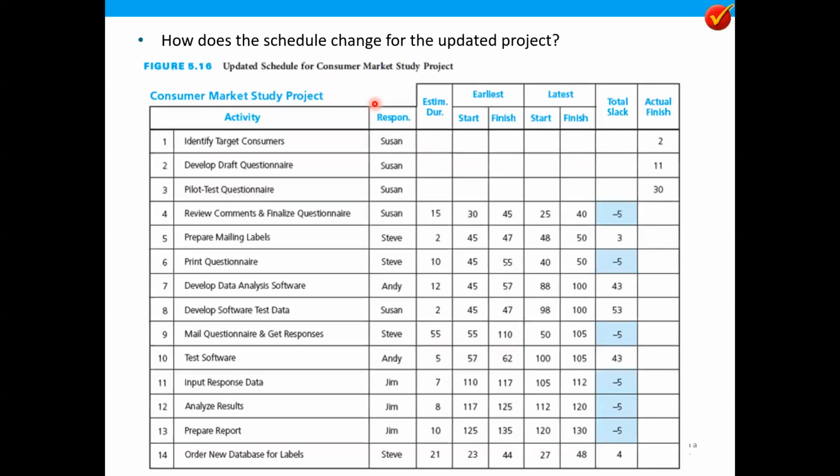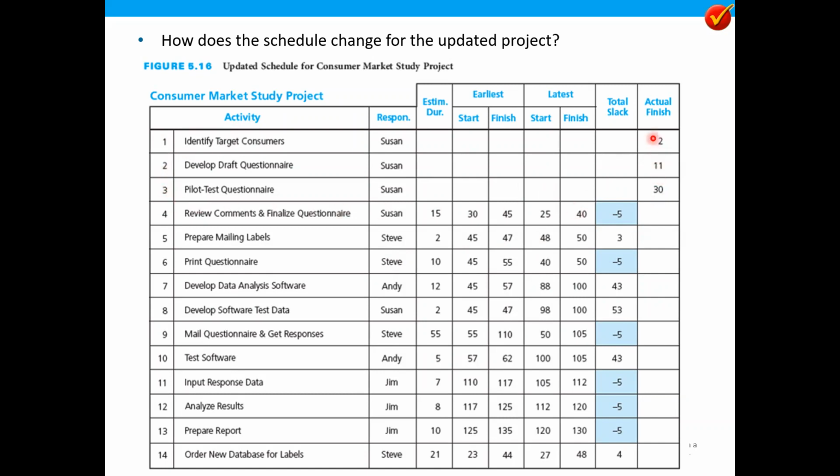So the updated project can be shown in the schedule table. For example, these 3 activities, 1, 2, 3, now the project has already started, and these 3 activities have been completed.